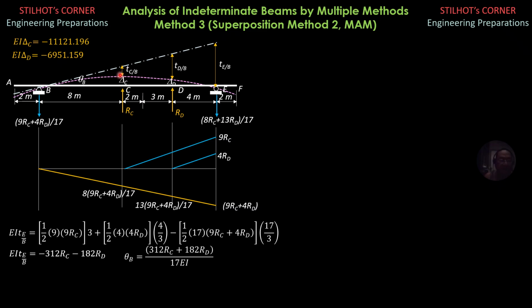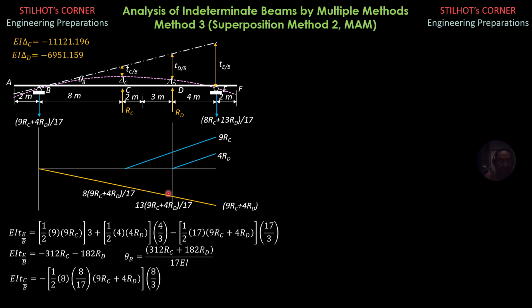If we subtract the deviation of C relative to B, which is expected to be negative again, then we can compute delta C, which is above the axis of the beam, so that's positive. First, let's evaluate the deviation of C relative to B. Considering only this area, negative 1 half of 8 times 8 over 17 quantity 9RC plus 4RD times 8 thirds.